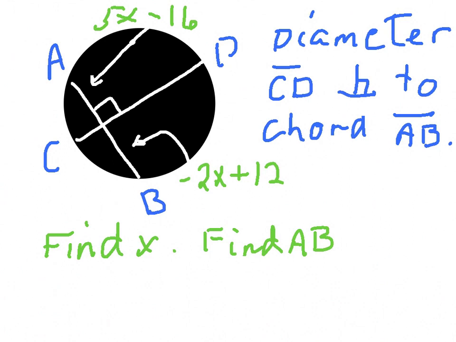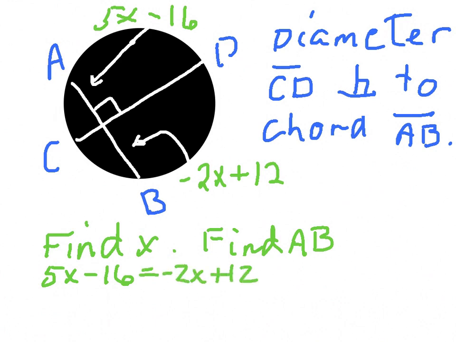So by the theorem, we can say that these two pieces are equal because the diameter is perpendicular and bisects the chord. And so therefore, we can find x by setting up 5x minus 16 equal to negative 2x plus 12.